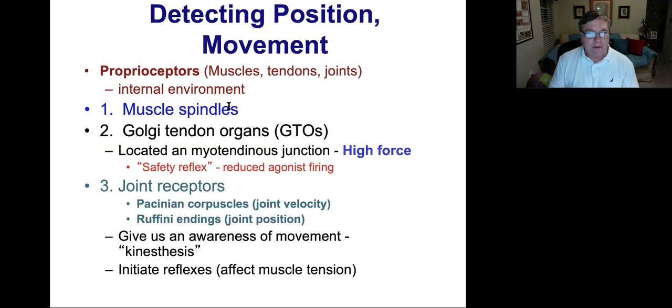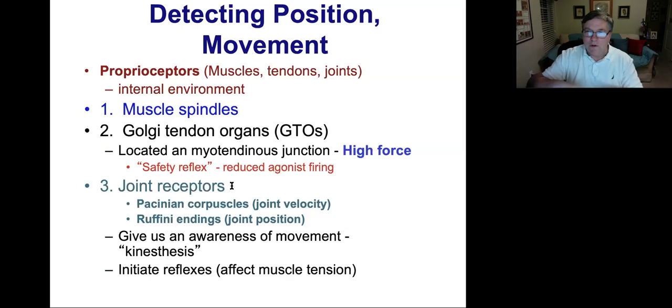For proprioceptors, we're going to talk briefly about muscle spindles, Golgi tendon organs, which provide a safety reflex, joint receptors. They give us a kinesthesis or awareness of movement. So muscle spindles, joint receptors, Golgi tendon organs, and even receptors in the palm of our hands and feet are giving us information all the time about force and torque and movement.